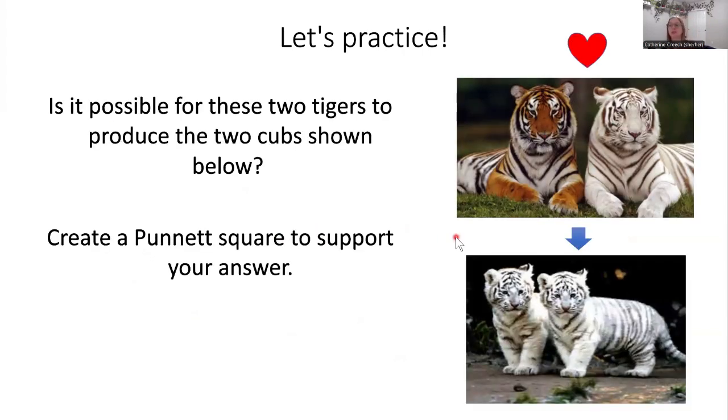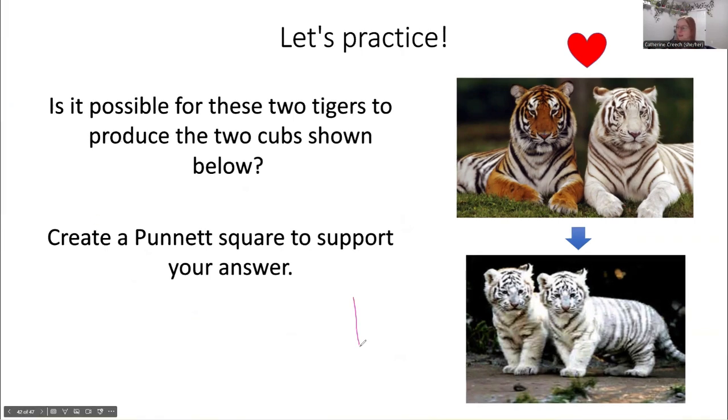Is it possible for these two tigers to produce the two cubs shown below? Create a Punnett square to support your answer. What we're looking for is whether or not we could get a homozygous recessive offspring.